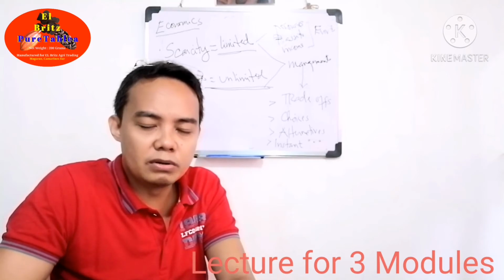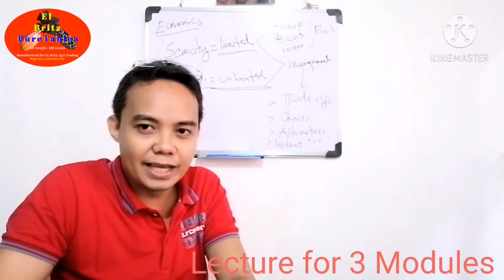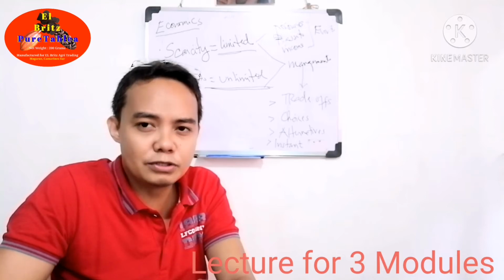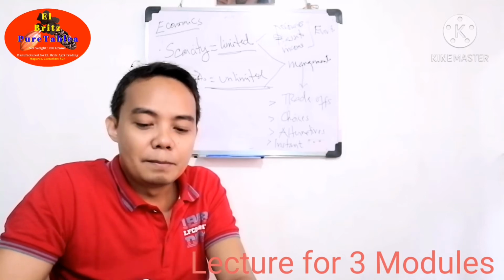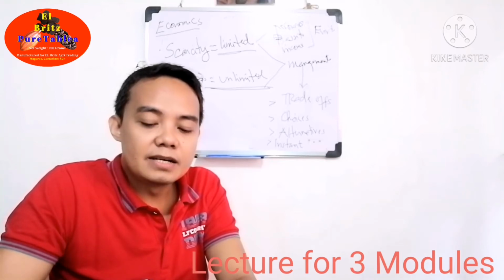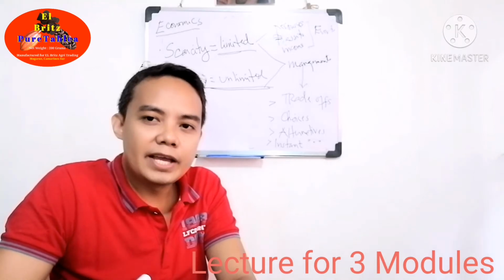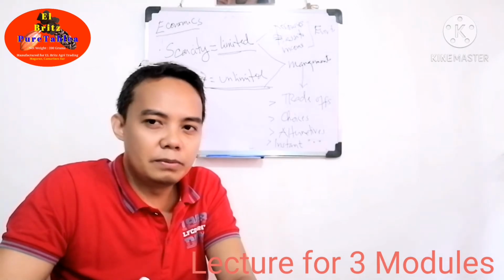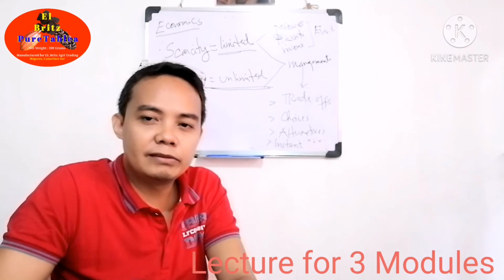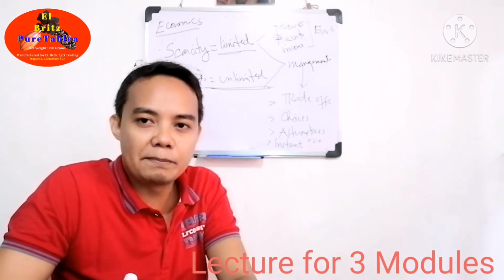Non-renewable cannot be renewed. But there are options again. So, there are exceptions to the rule wherein may mga paraan na kung saan pwede na siyang magamit or pwedeng mapalitan. So, for instance, the diamond. Diamond could be found in the environment, particularly in Africa.